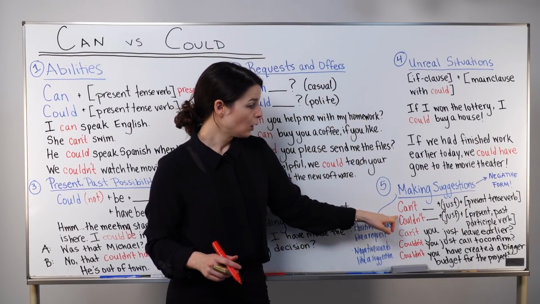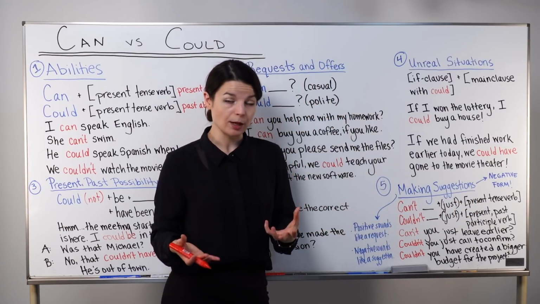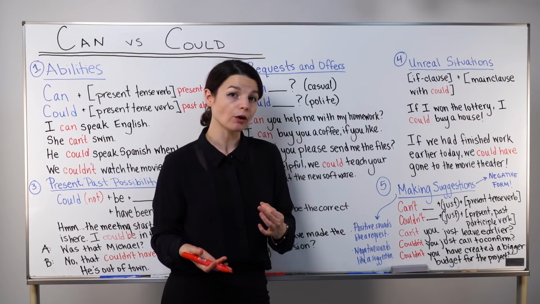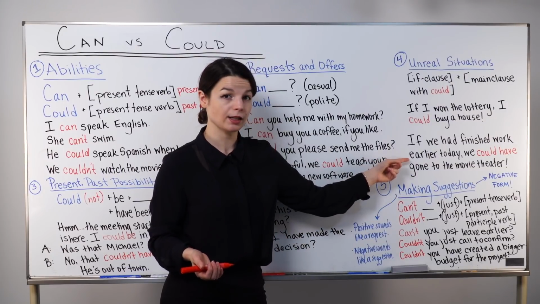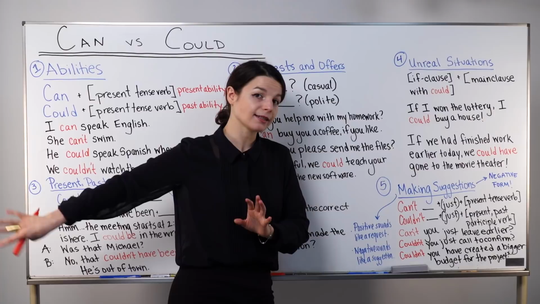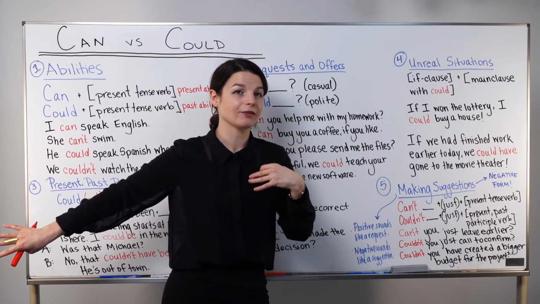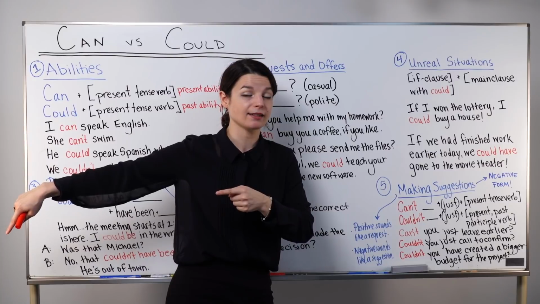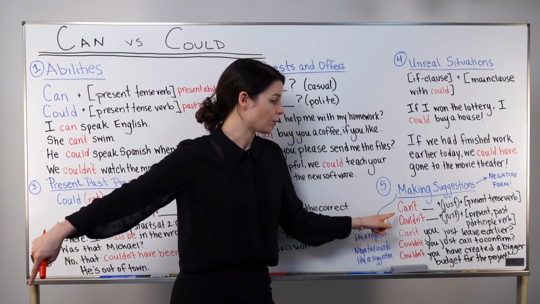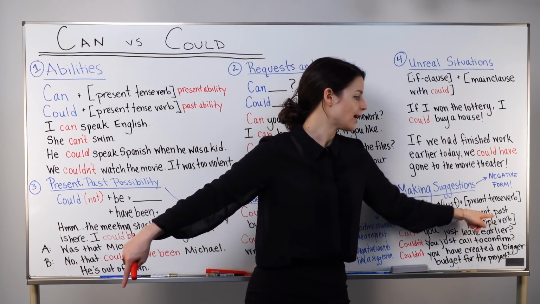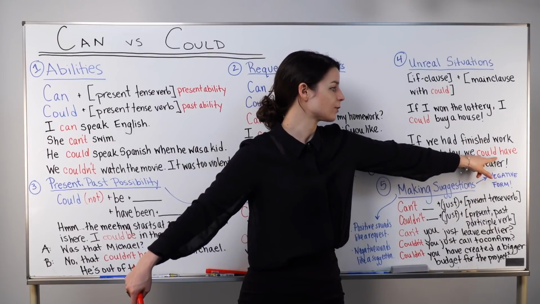For couldn't, we can talk about present tense situations, or we can imagine, as we did here, a past tense situation and you want to give a suggestion about that past situation. You can do that with couldn't plus the past participle verb form, as we did here.